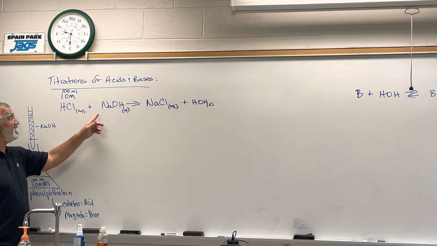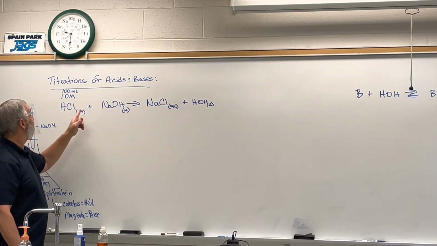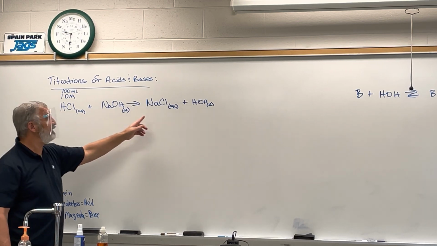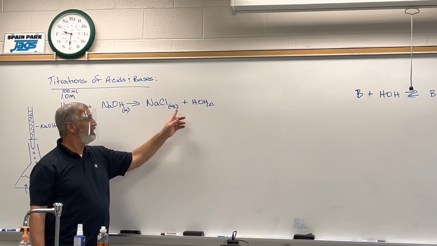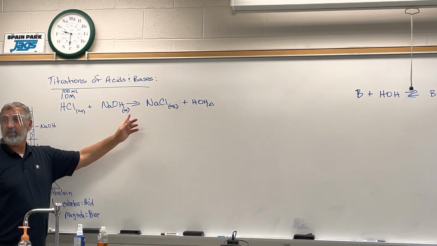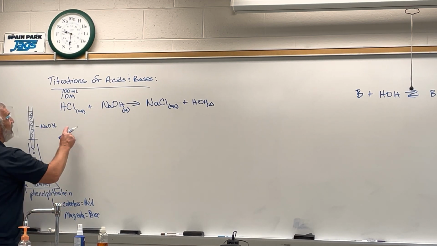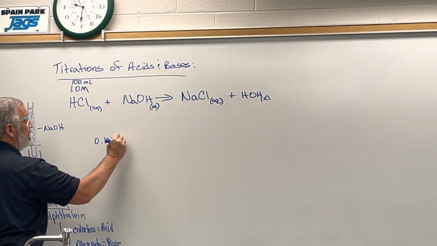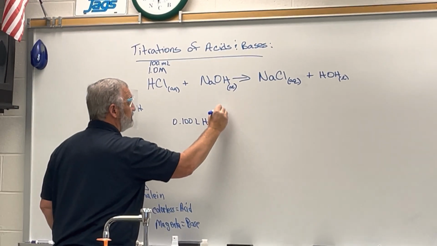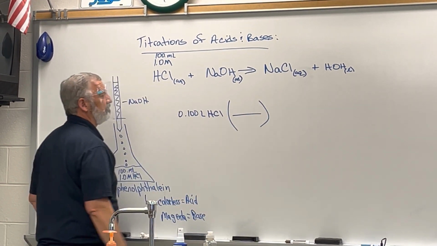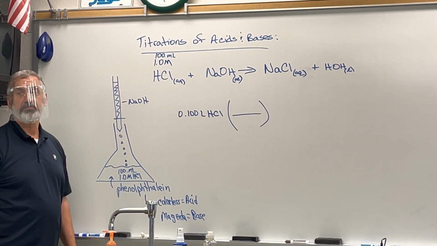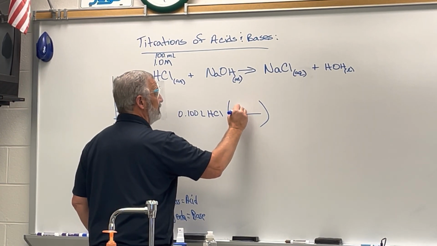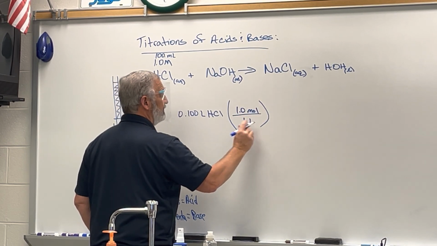None. We're going to add equal moles of the H plus and the OH minus, because the H plus is the acid and OH minus is the base, in equal amounts to make neutral water. Then we have our neutral salt. So, if I start with 0.1 liters of HCl, how do I convert that to moles? Multiply by molarity, which is easy, 1 mole for every liter.